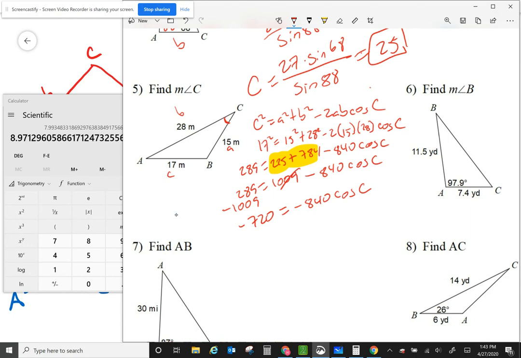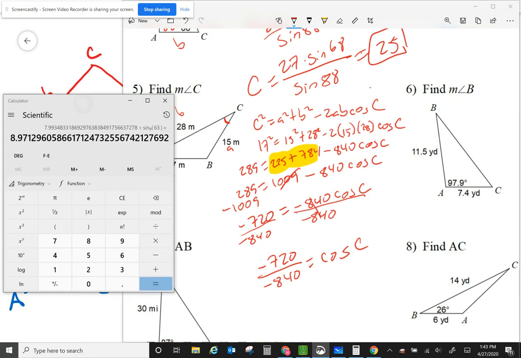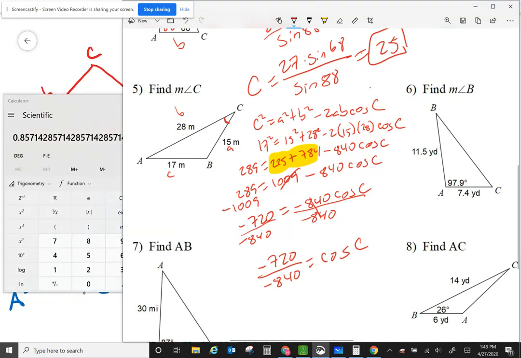Let me divide both sides by negative 840. So I have that negative 720 divided by negative 840 is cosine of c. Let's see what that is. Notice that both are negative, so let me just ignore the negative signs. I know negative divided by negative is positive. So I'm just going to go 720 divided by 840. So I have 0.85 and so more is equal to cosine of c.